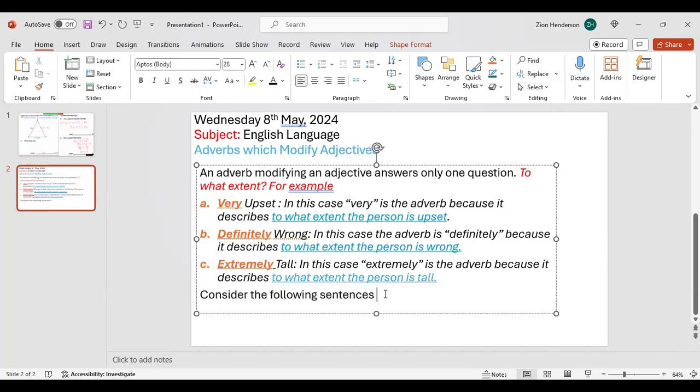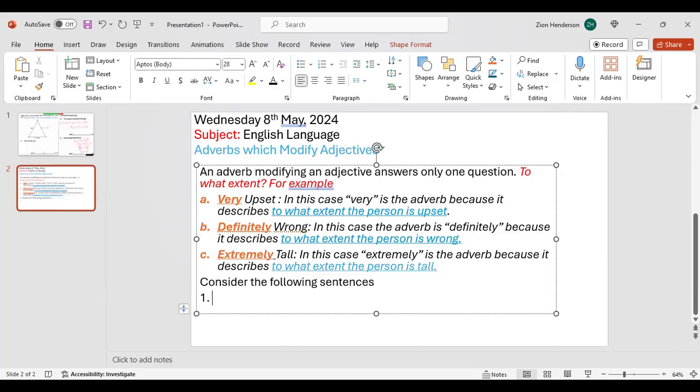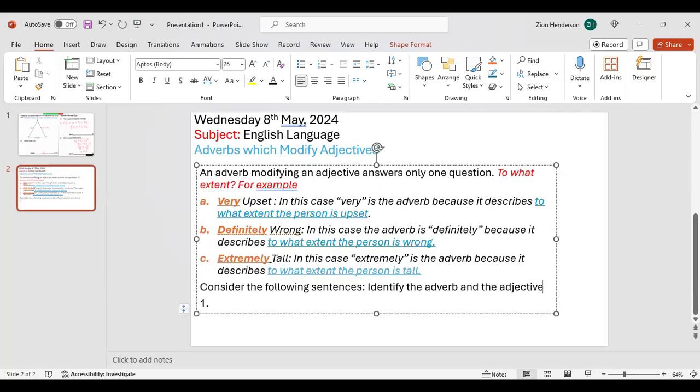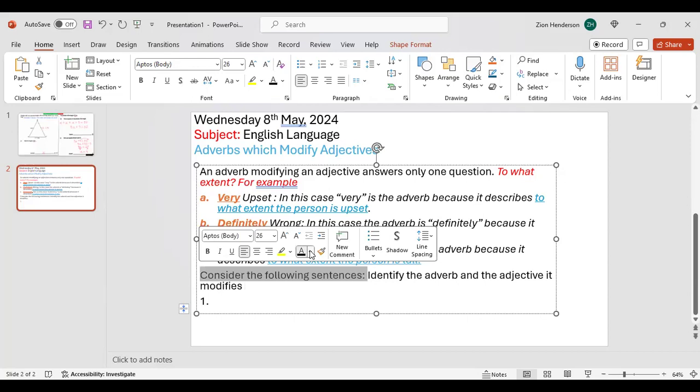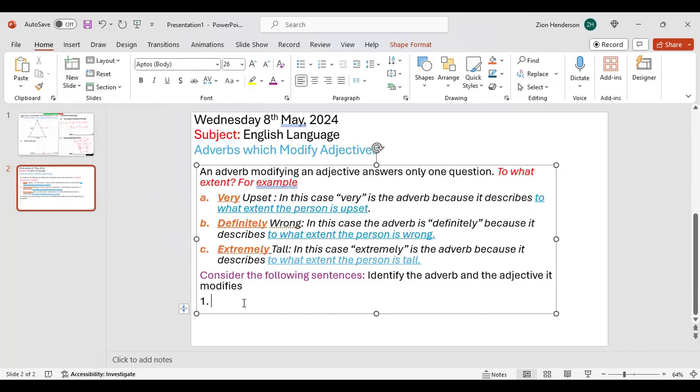So let's say, number one: identify the adverb and the adjective it modifies. All right, that's what we're doing. We're trying to find what is the adjective that it modifies and what is the adverb.